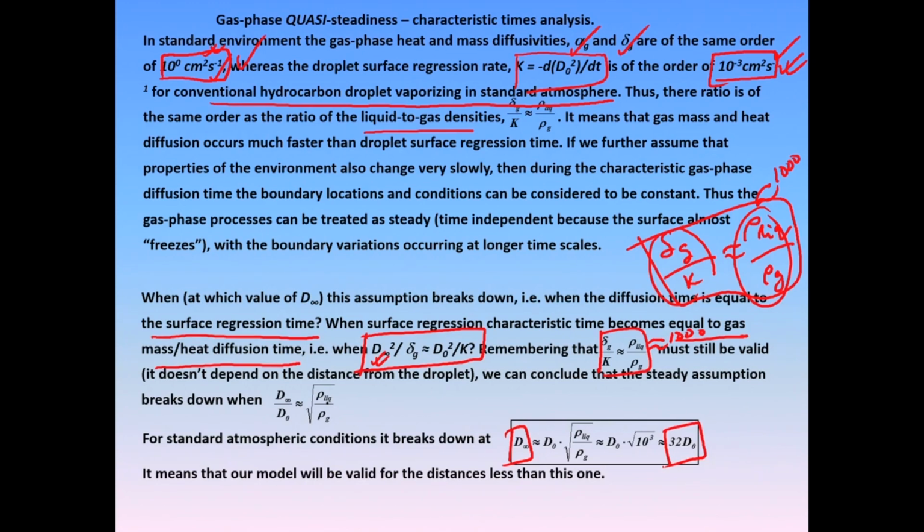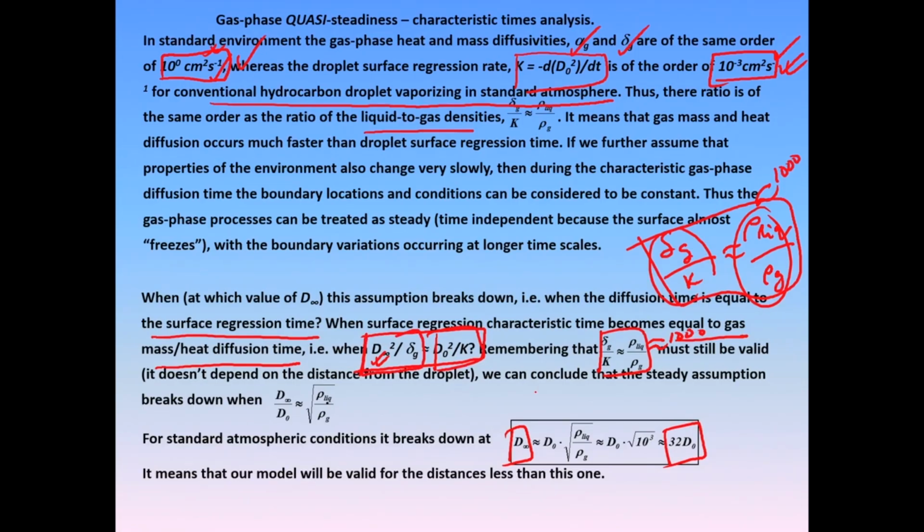That means you cannot apply gas quasi steadiness at that kind of a distance, which is 32 diameters away from the droplet, which makes sense, because this is the scale at which the droplet surface regresses and the scale at which the vapor will travel. This d infinity is basically a distance.